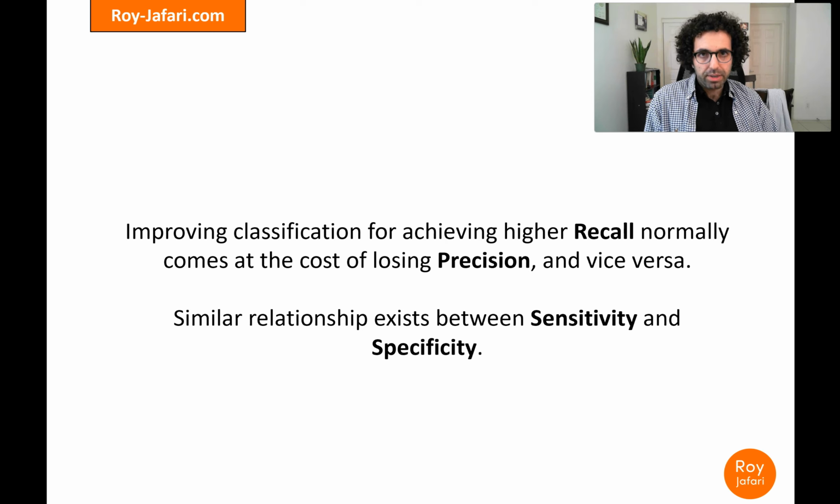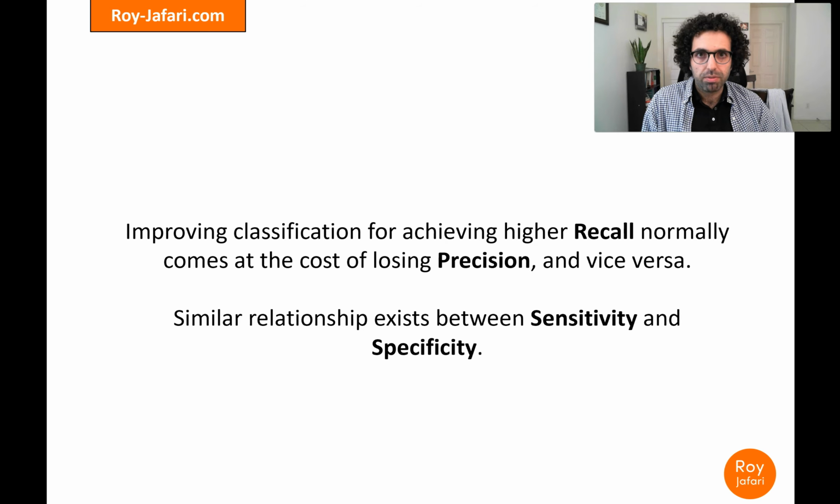So there is an interesting relationship between recall and precision. By trying to improve recall by modifying the algorithm, or doing other things to improve recall, we end up losing precision.